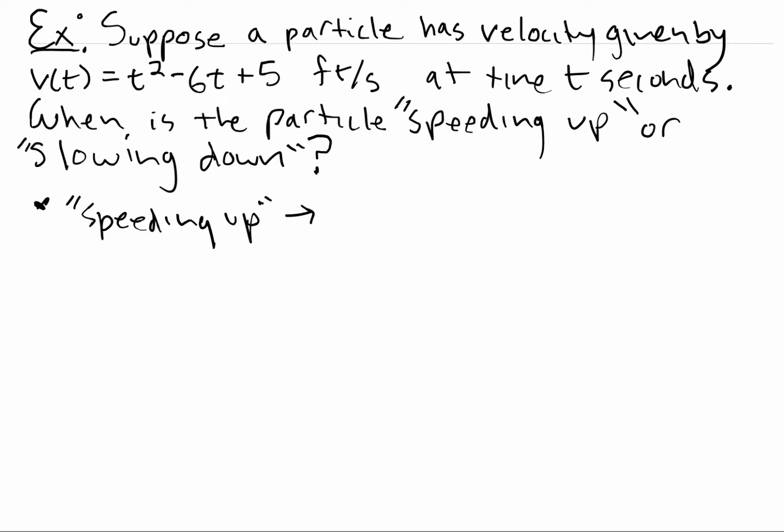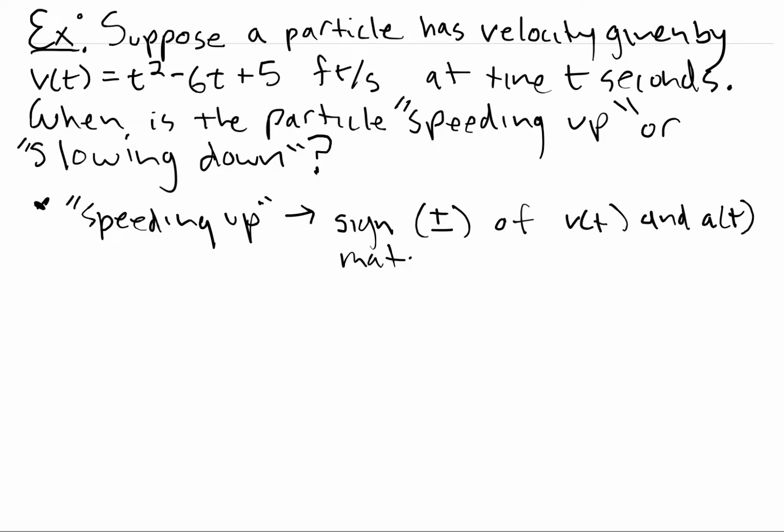So if you're speeding up, even though you're going backward, you basically would want to be going more backward. So again, you want the sign of your velocity and acceleration to match. Basically the plus or minus of both your velocity and your acceleration match.